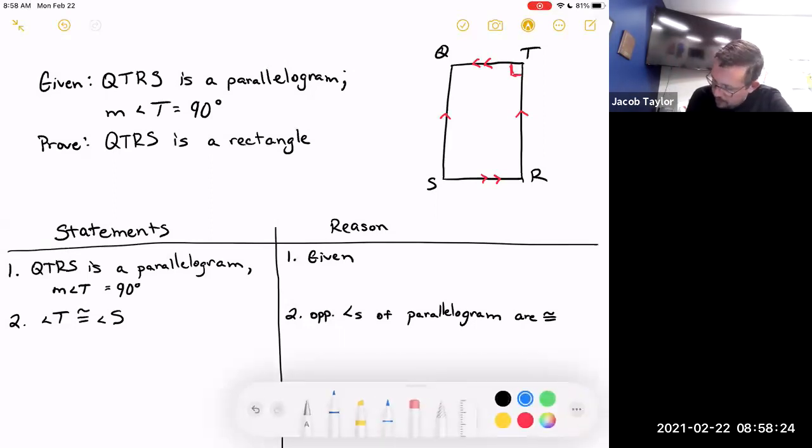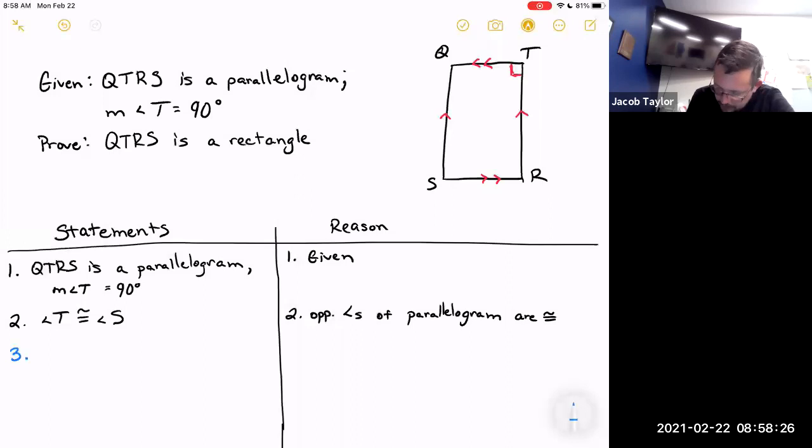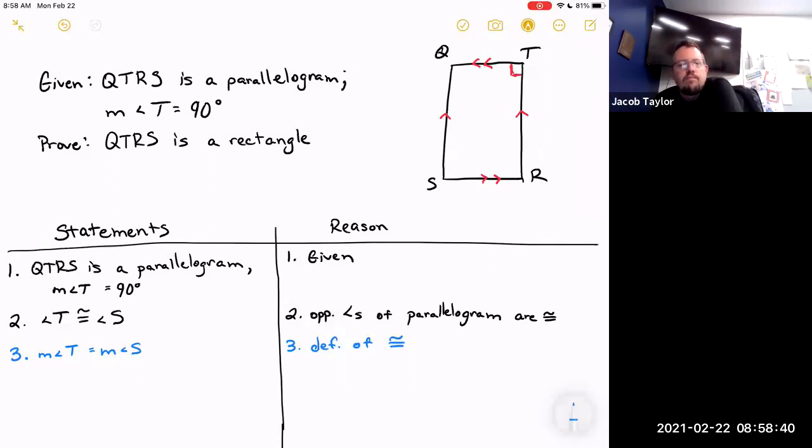So step three is going to be the measure of angle T equals the measure of angle S because definition of congruent. I know that seems like a weird thing. But the reason I have to set it up like that as an equation instead of a congruency statement is because of what I'm going to do next.